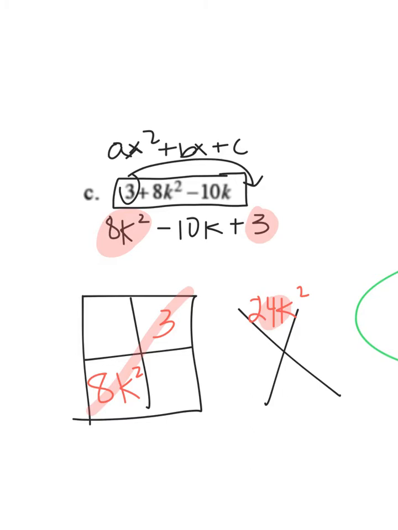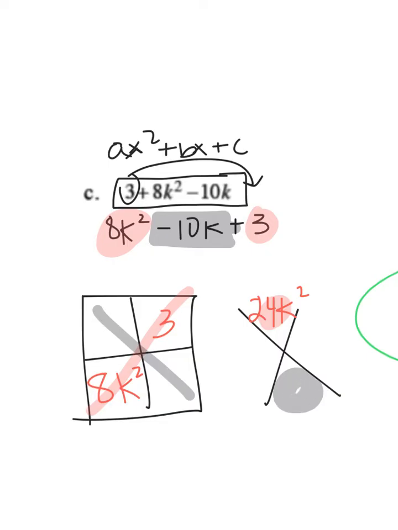The opposite diagonal also multiplies to that same 24k squared, but when you combine the like terms, it should add up to this number, the negative 10k.